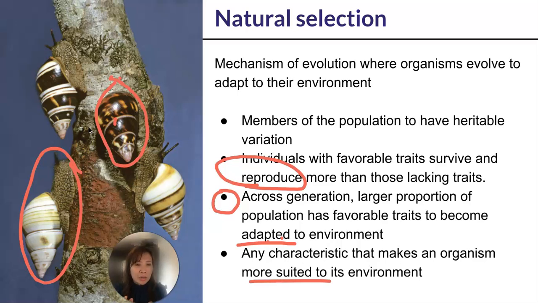These snails aren't able to predict what type of tree bark they're going to end up living in, and adapt to it. But you can imagine that the snails that are brighter and stand out a little bit more, these guys right here.